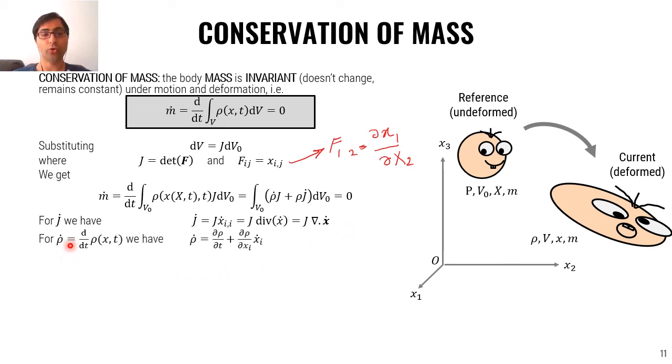And for rho dot, which is basically d over dt of rho, we can write partial rho partial t plus partial rho partial x_i times x_i dot. That's the material derivative.